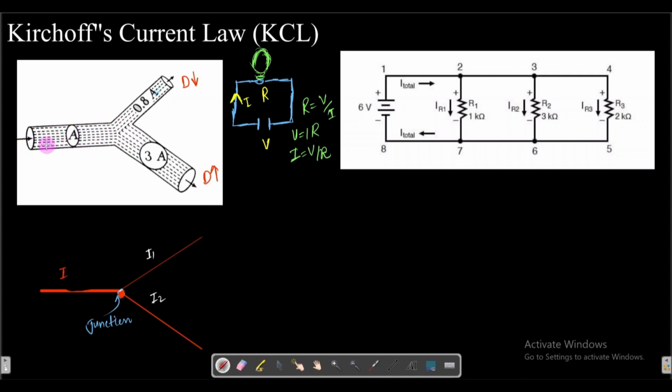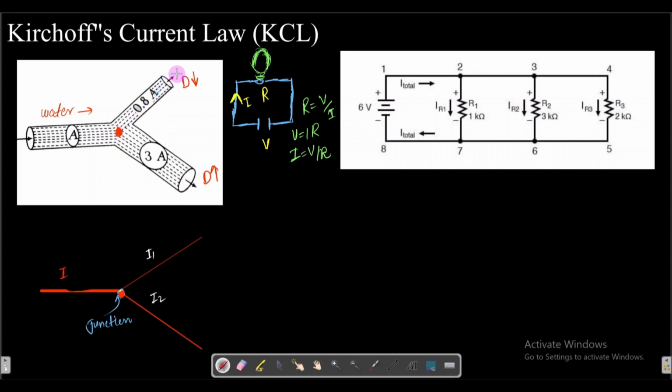So here this is the pipe for the analogy, and inside this pipe the water is flowing. When it reaches here, there will be a junction, and at this junction this pipe will be attached to two other pipes. So when the water flowing in this direction reaches the junction, that water will separate.